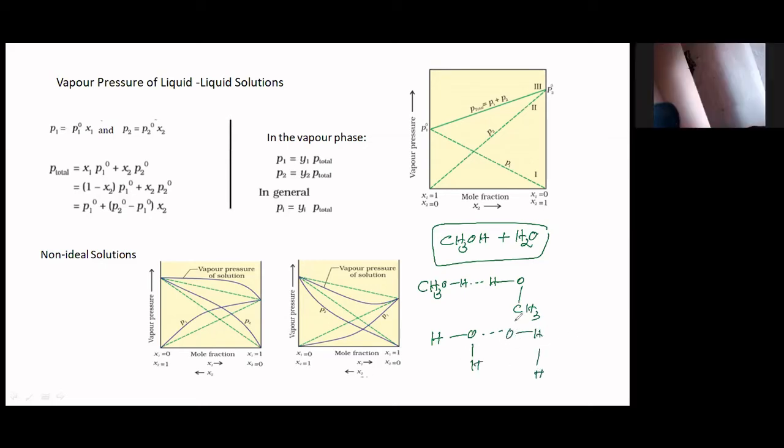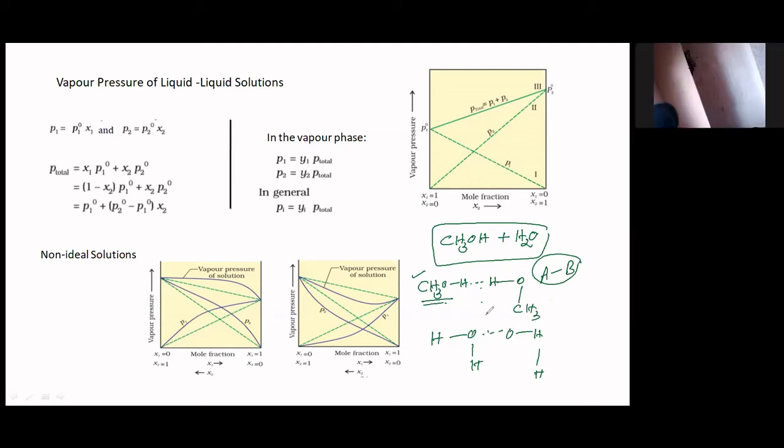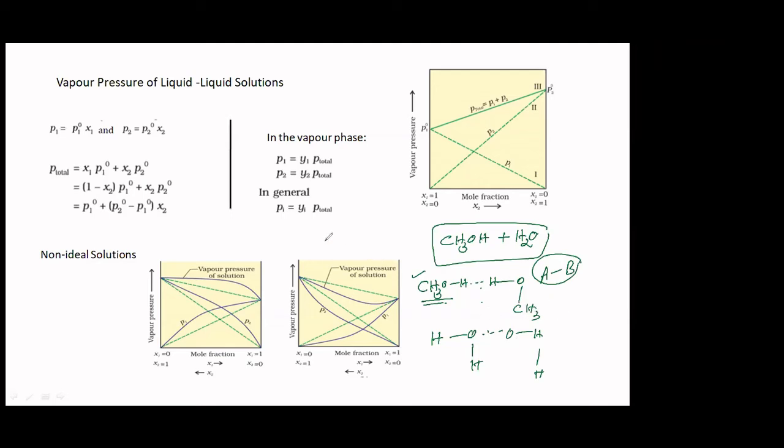But when you mix them together, because the hydrogen bonding in methanol is a little weaker due to the presence of the CH3, compared to the hydrogen bonding present in water, the overall hydrogen bonding magnitude would decrease. Therefore AB interactions are weaker, and hence it is easy for the mixture to go into the vapor phase, and the total vapor pressure will be more than expected from Raoult's law. So that is the reason it shows positive deviation.